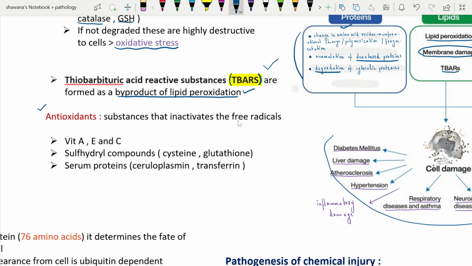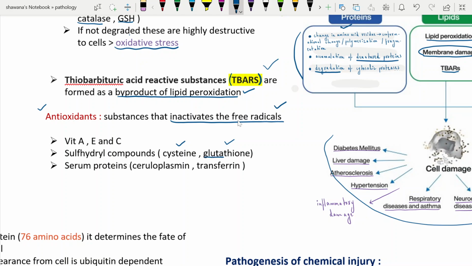Antioxidants are the substances that inactivate the free radicals, and these are very beneficial to the cell because they cause the inactivation of ROS. Vitamins A, E, and C (ascorbic acid), and sulfhydryl compounds like cysteine and glutathione.